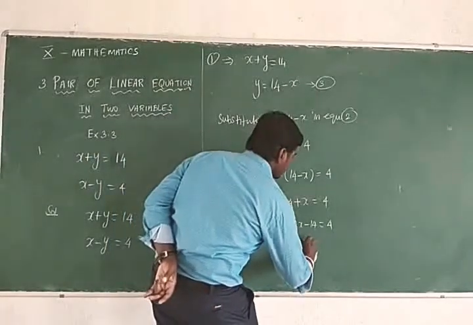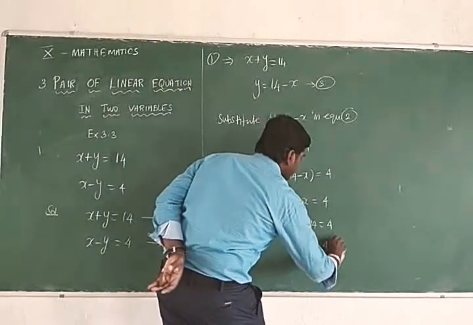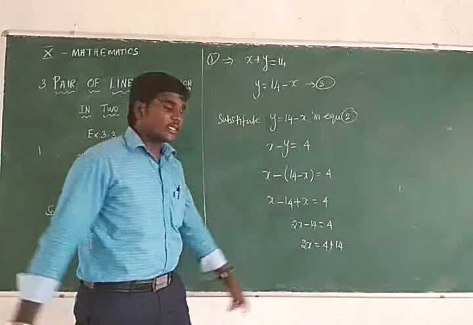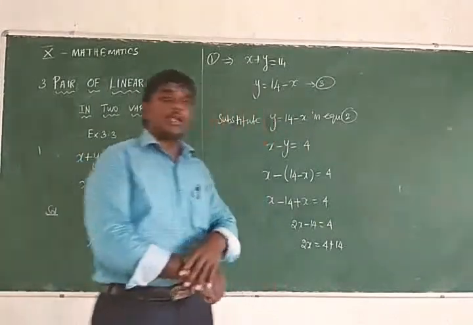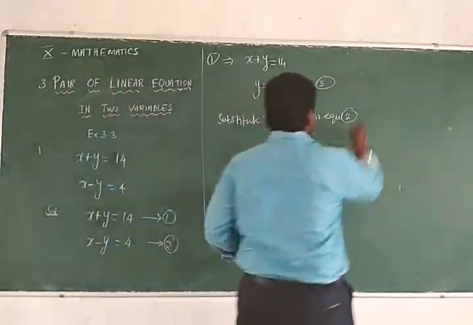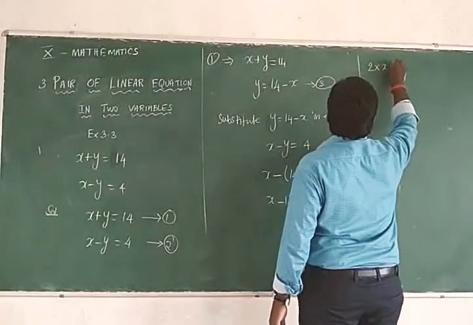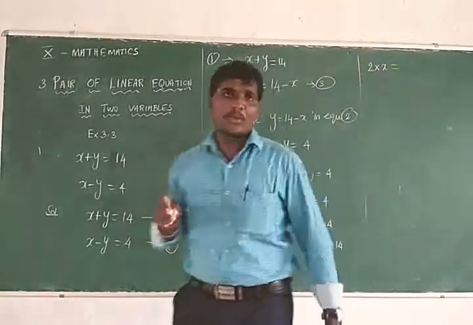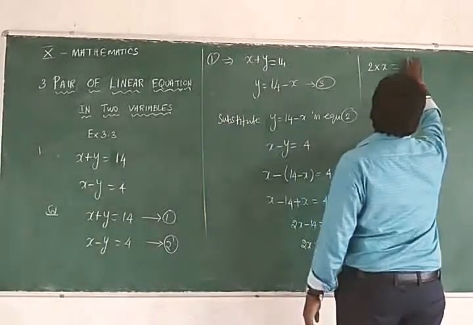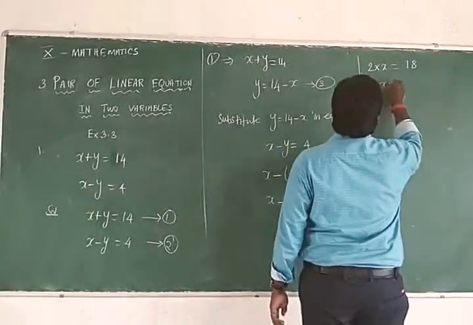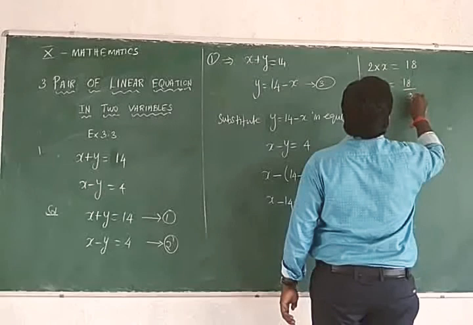So 2x is equal to 4 plus 14. 4 plus 14 is 18. 2x means 2 into x, so x is equal to 18 divided by 2.